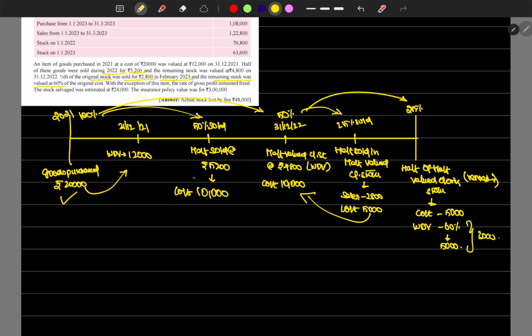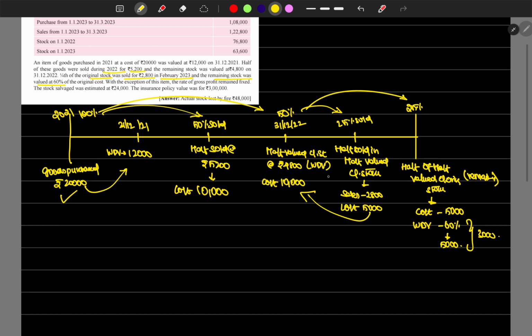Then the WDV value was sold for 5,200, so 5,200 cost 10,000. Then the rest was valued in books as 4,800 on 31/12/2022. Then half were sold, so 50% were sold, and 50% has been kept as closing stock.